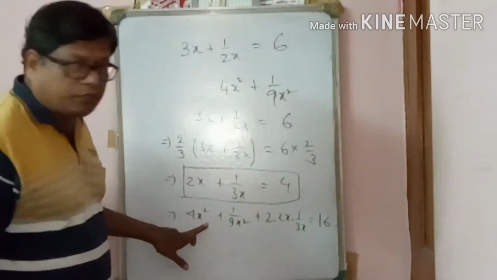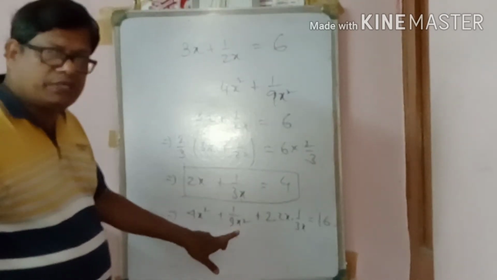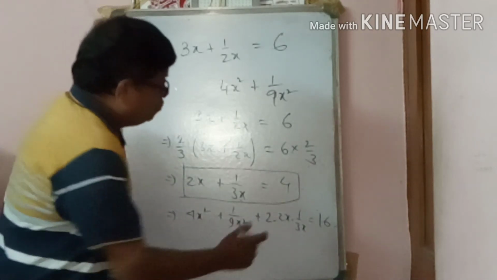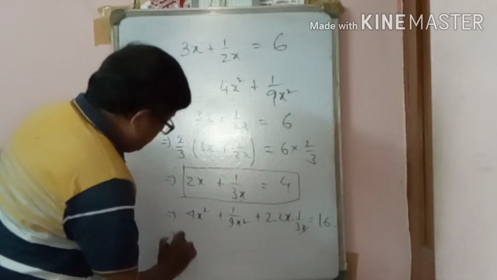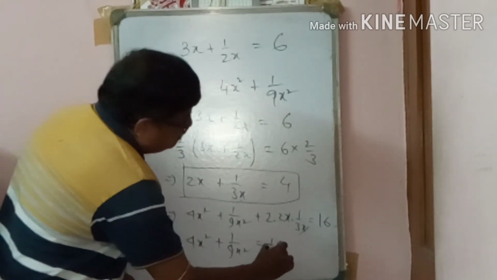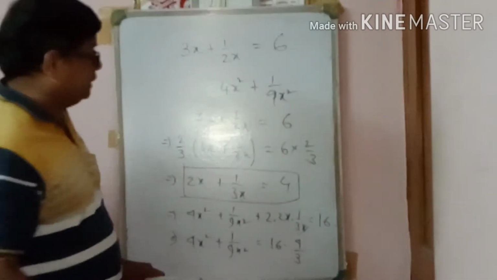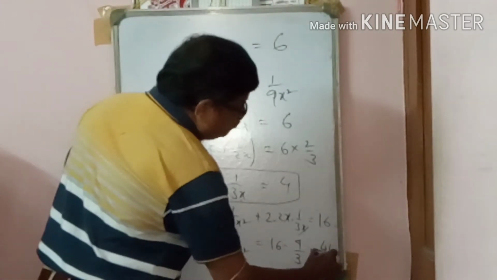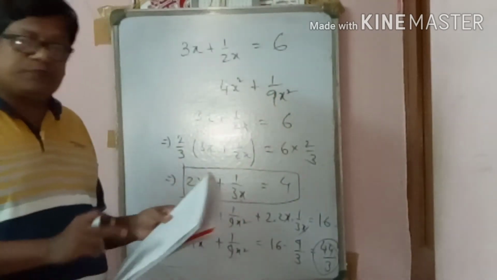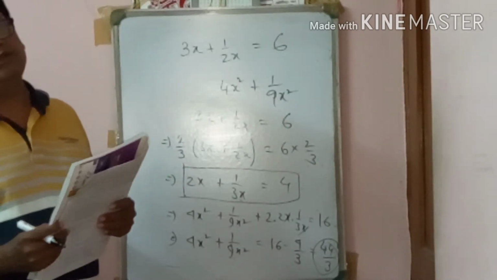So write 4x square, 1 by 3x whole square is 1 by 9x square, and 2ab equal to 16. The x cancels, so 4x square plus 1 by 9x square equal to 16 minus 4 by 3. 16 is 48 by 3, minus 4, that is 44 by 3. Okay, 44 by 3. So the answer is 44 by 3.